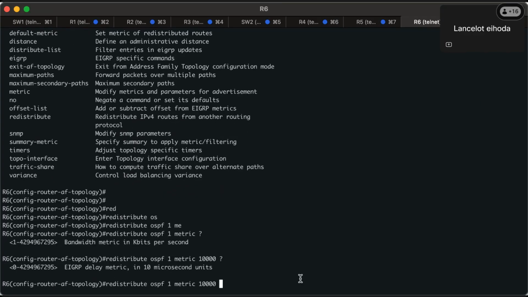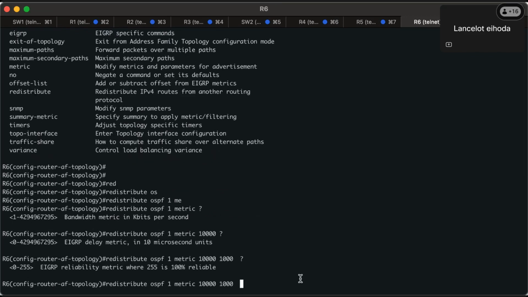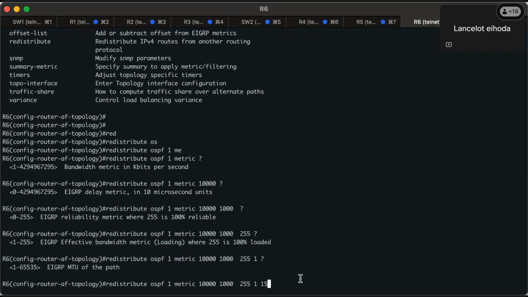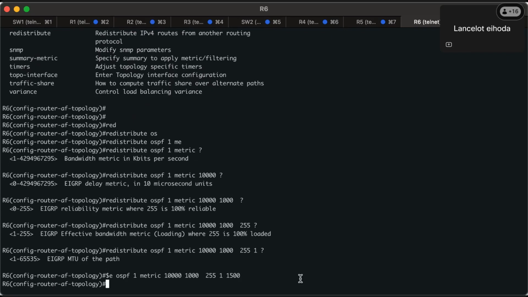It will still ask me to give it a delay, then reliability, then effective bandwidth, and then MTU. So I've done the advertisement into EIGRP for OSPF.